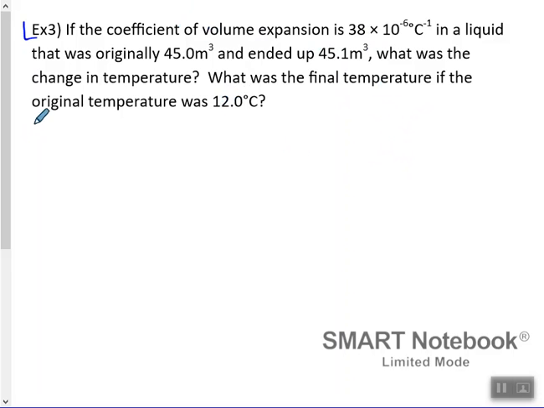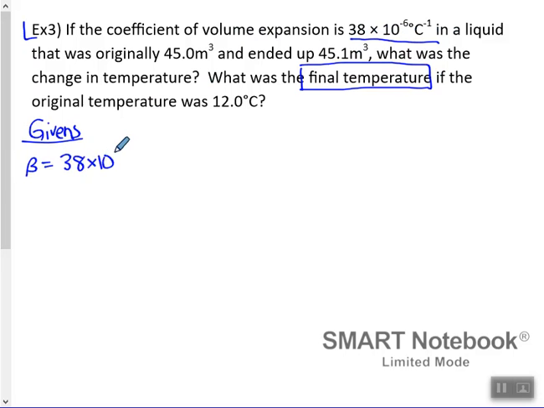Okay, so taking a look here, always doing our givens first. We're looking for final temperature. We have our coefficient of volume expansion, so it gives us our beta. We don't have to look it up in our chart. So 38 times 10 to the -6 degrees Celsius to the -1.